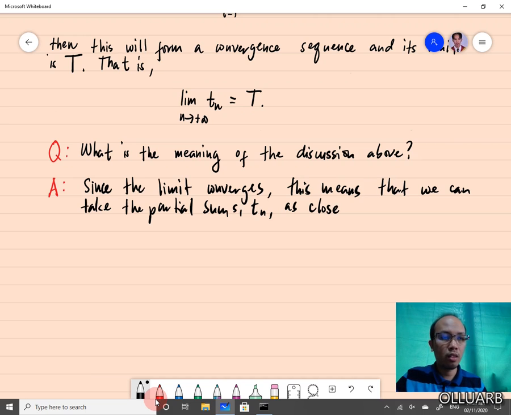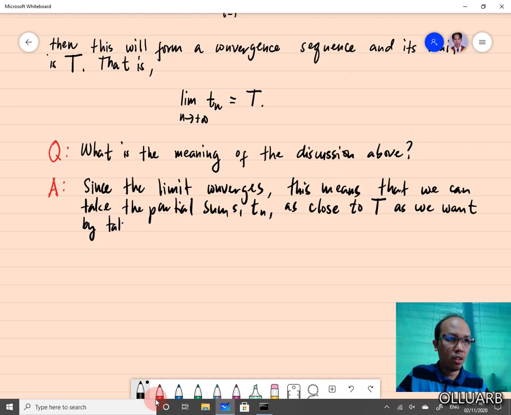This is, as you can see in your Calculus 1, the meaning of the limit.